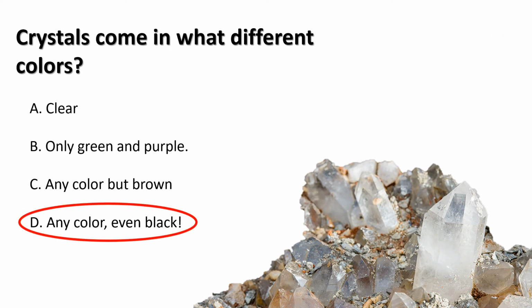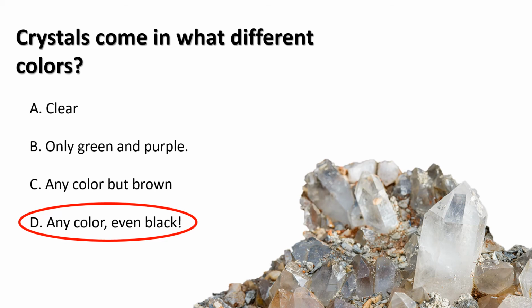The answer is any color, even black. Crystal just refers to the shape of repeating patterns. It can be clear, pink, brown, or even black. Black and brown diamonds are very valuable crystals, even if they are not colors we think about crystals being very often.